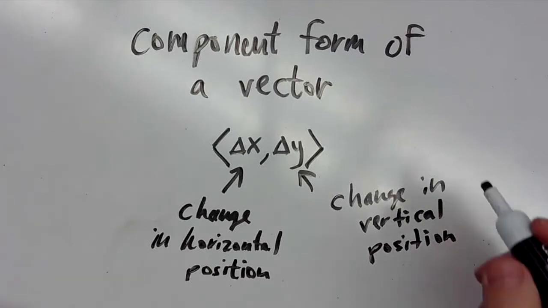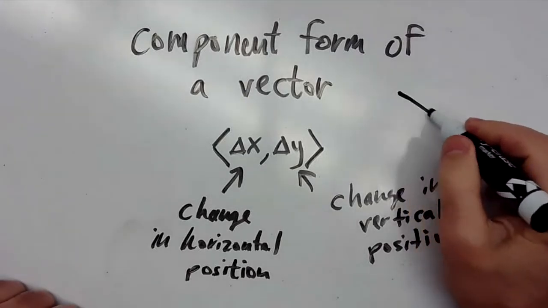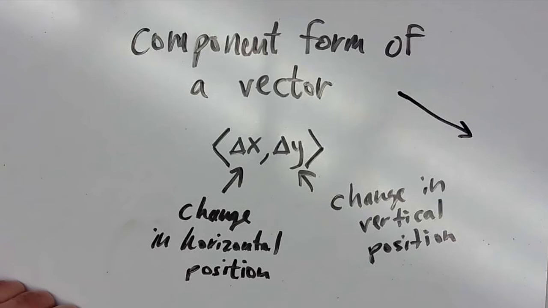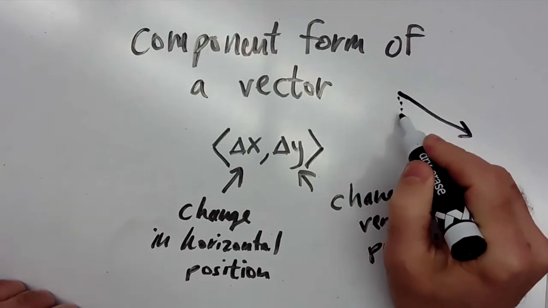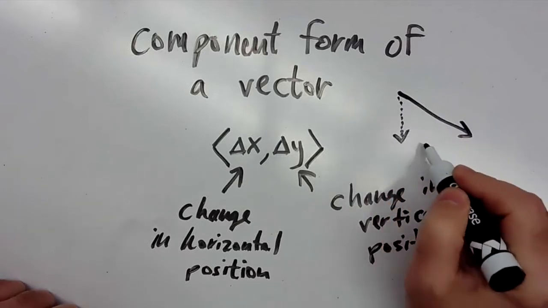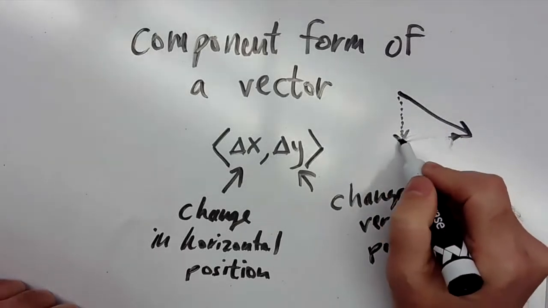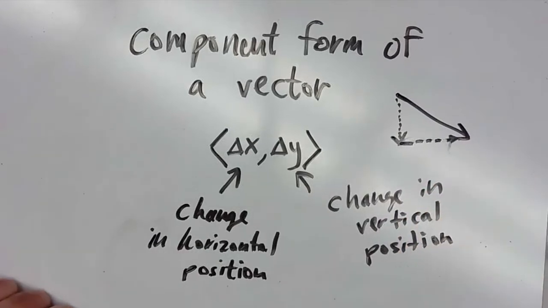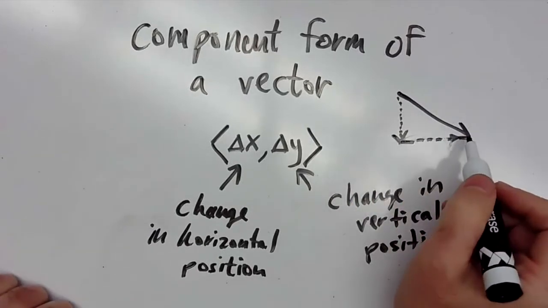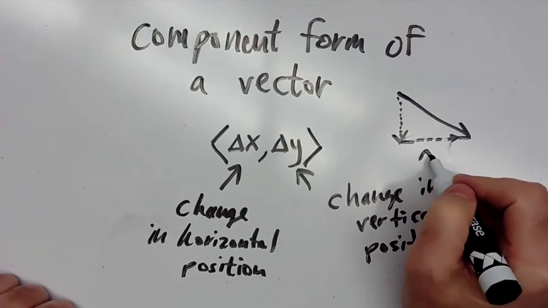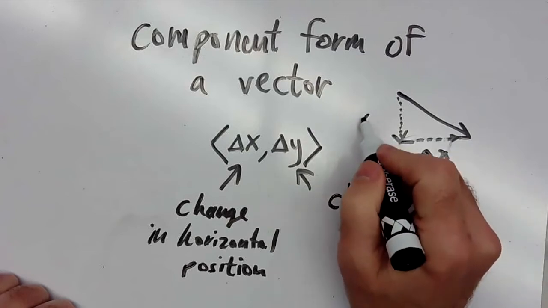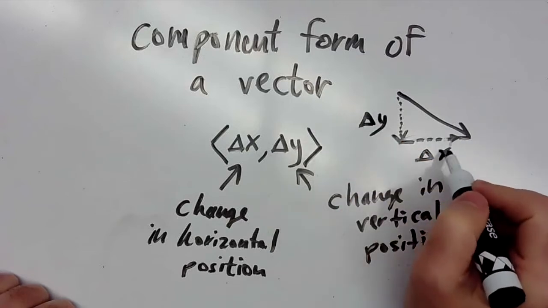If I were to draw a vector here, we could break that down into vertical and horizontal components. Okay, and this would be my delta x, and this would be my delta y.